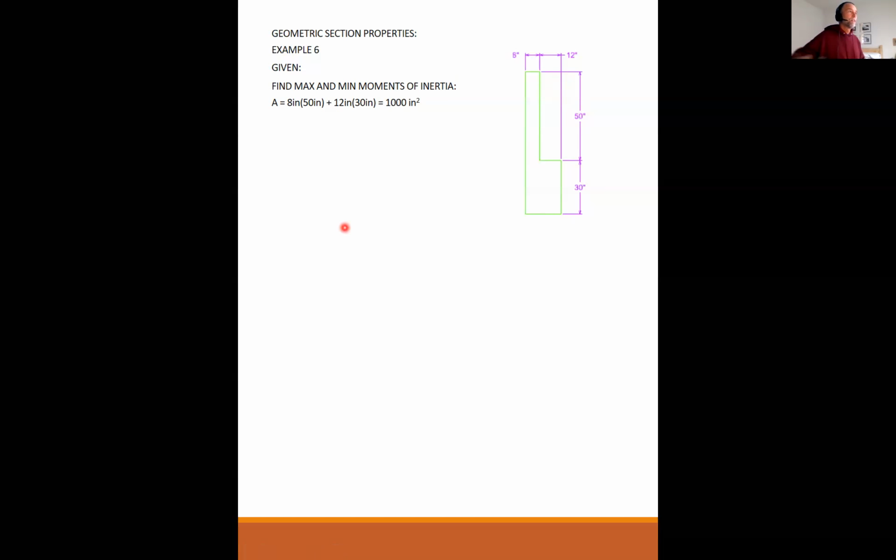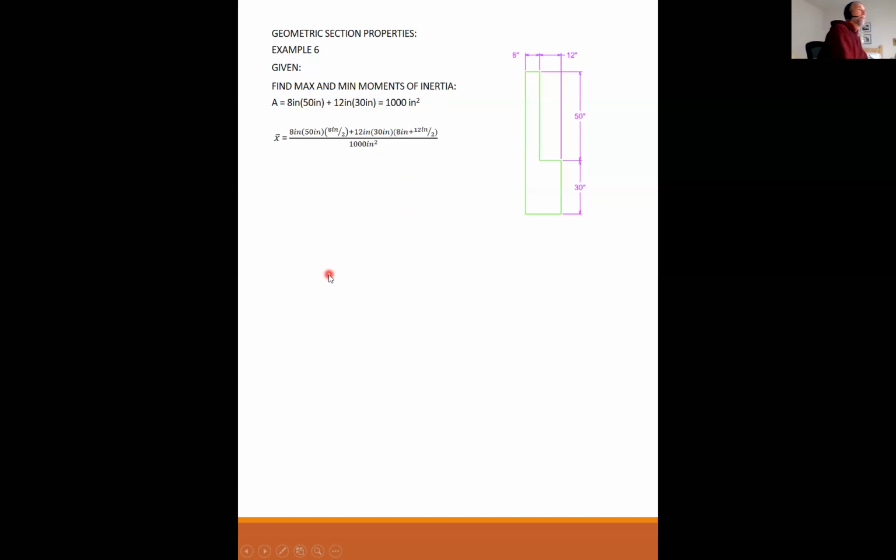I'm wondering if that's the right number or not. Let's see, 8 times 50 plus 20 times 30. Okay, it is. Sorry everybody. The typo is the 12 right there. That's supposed to be 20. But the number 1,000 inches squared is correct.